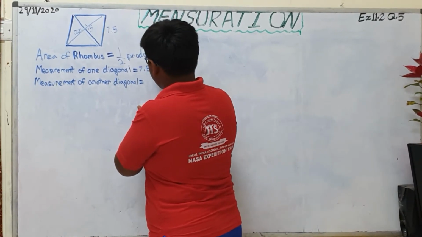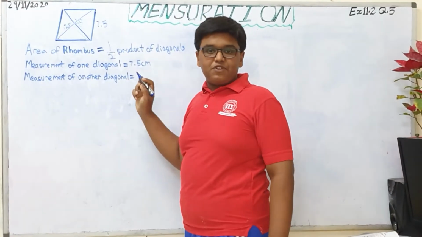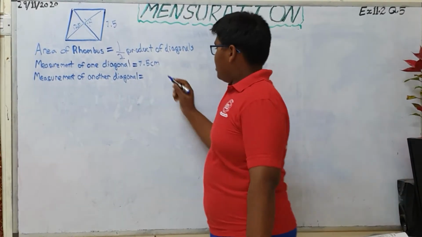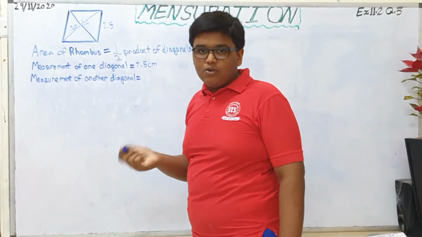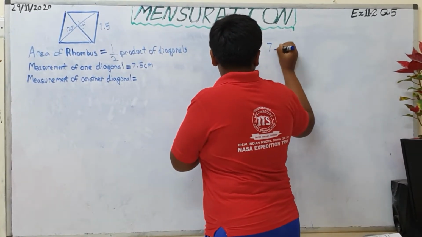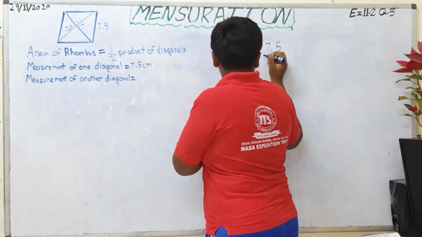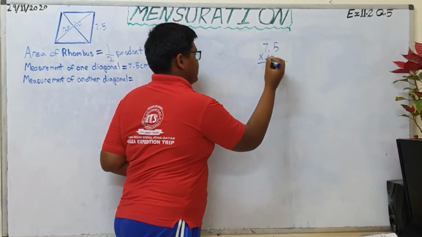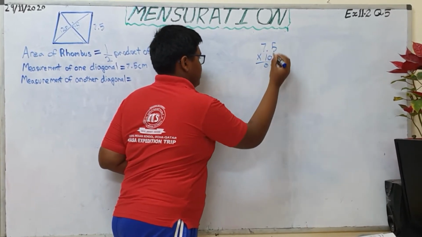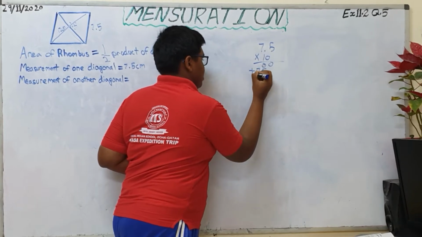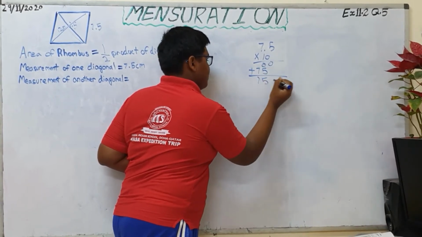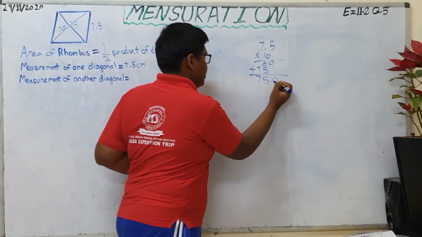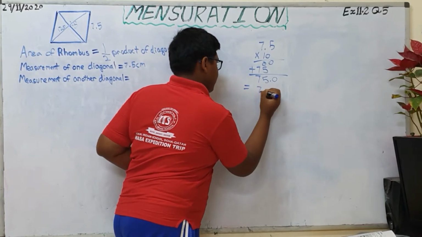We have to convert it into a whole number. How? We will multiply 7.5 into 10. Multiplying them, 0 and 0, then 5, then 7, which is equal to 750. Now we put the decimal point here, so it is equal to 75.